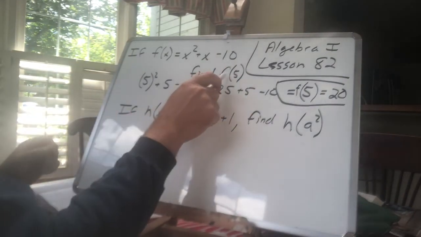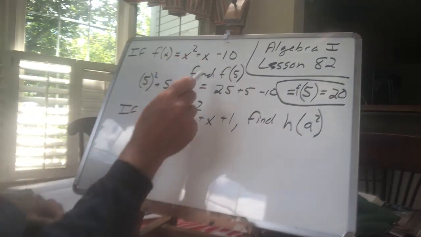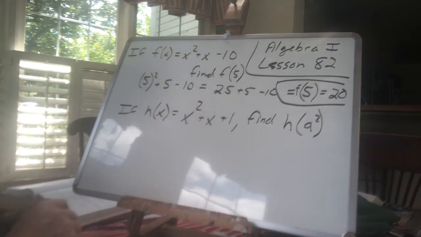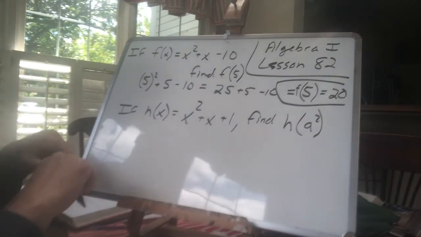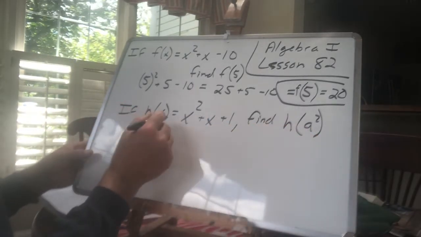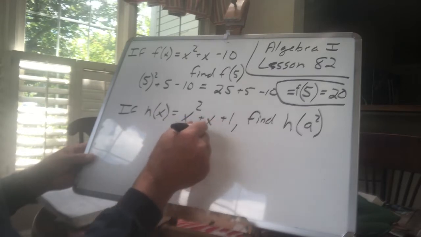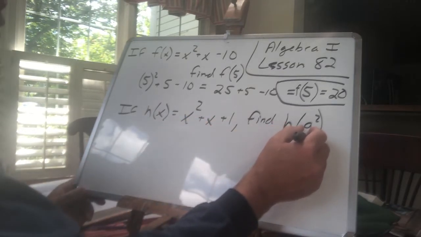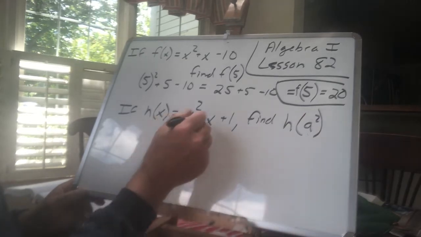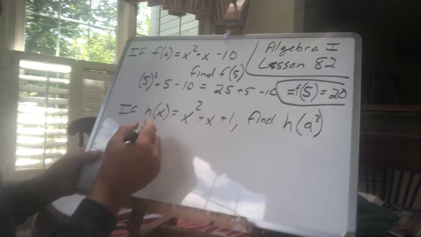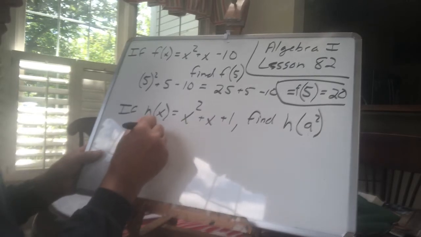Just wherever there was an x, you fill it in when it says find the function of that. So we do the same thing even if it's not a number. It says when the function of x equals this equation right here, what is it going to equal if we substitute a squared? For every x that we see, we put a squared. So there's an x, we put a squared for that.